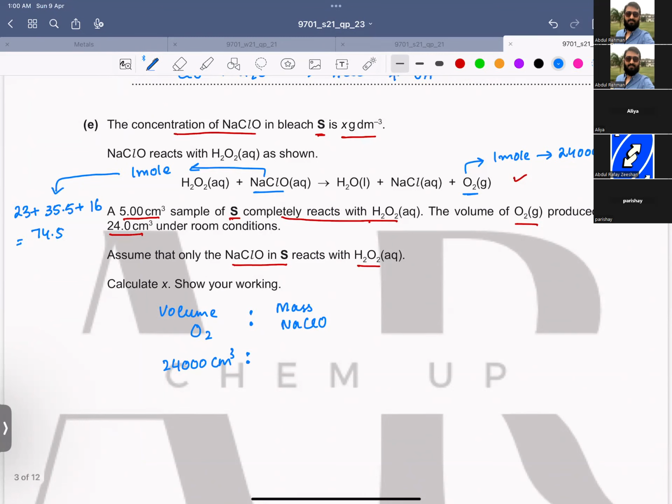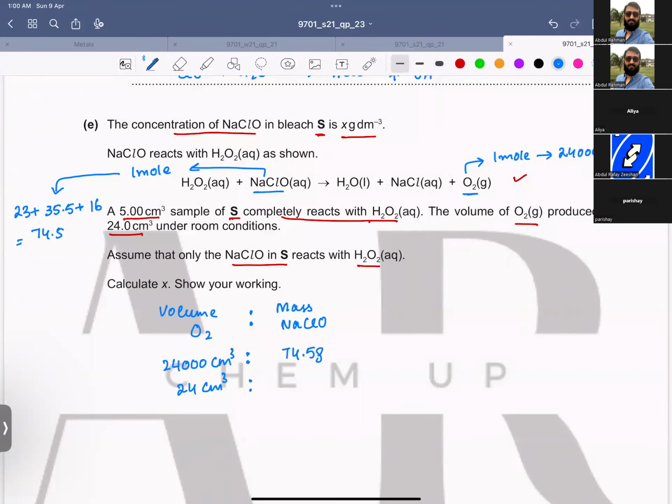So from the equation, what I get to know is that when 74.5 grams of NaClO reacts, the volume of oxygen produced is 24,000 centimeter cube. Is this understandable to everyone? Now, in the experiment, 24 centimeter cube of oxygen is produced.